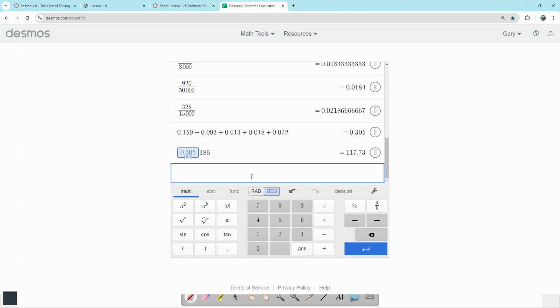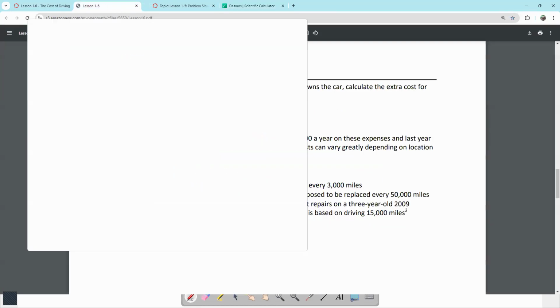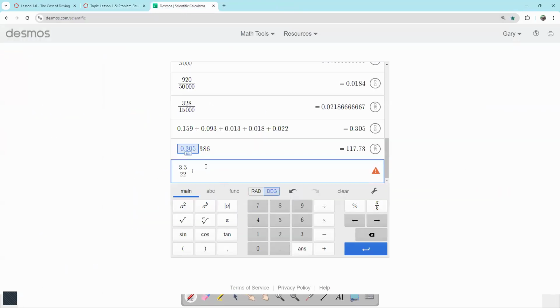So my first fraction was 350 per 22 miles for gas. And then, let me look at this on the side to get these right. The next was $2,000 per 21,600 miles, roughly.